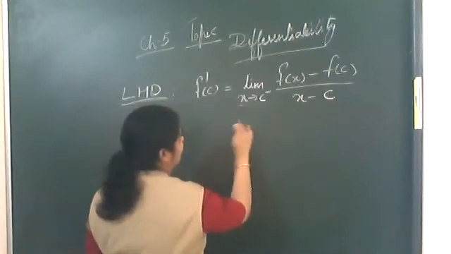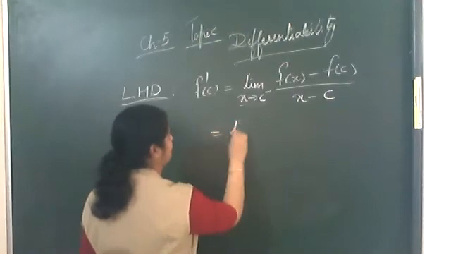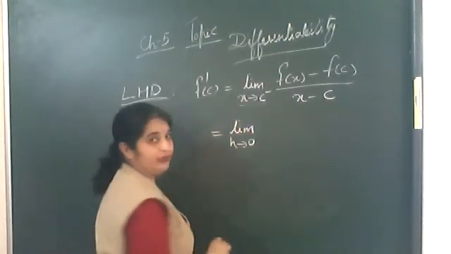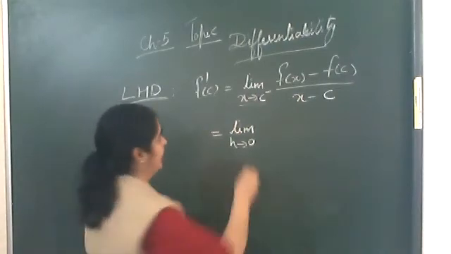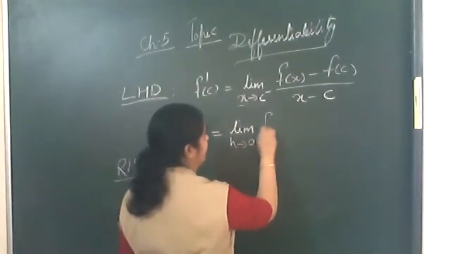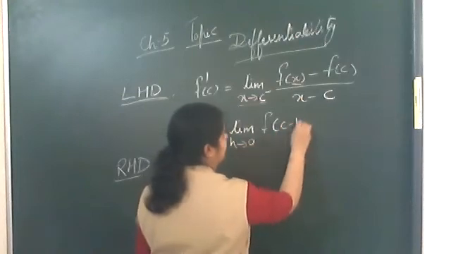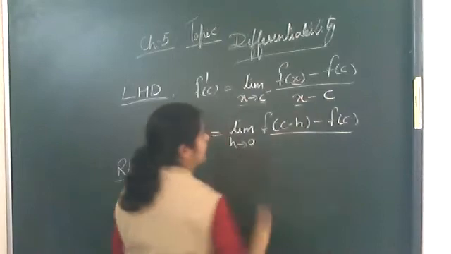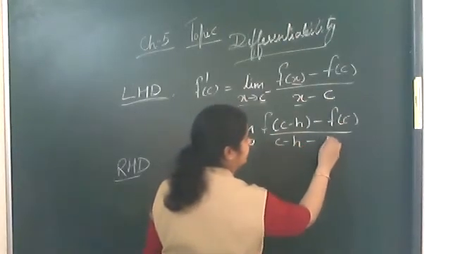Now the same way we'll change the limit as we have done earlier. How have we changed the limit? Which is equal to limit h tending to 0. When we are changing the limit, we change the value of x also. X is tending to c minus and h is tending to 0. That means x will be equal to c minus h. So f of c minus h minus f of c upon, instead of x, c minus h minus c.